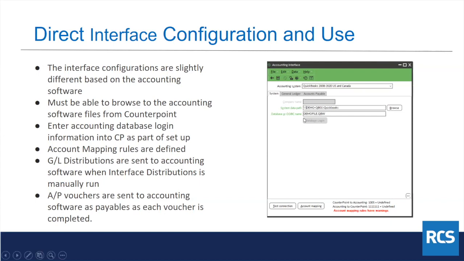In the direct interface, one of the things that's important is that in order to use it, you have to be able to browse to your accounting software files from Counterpoint. So they need to be on the same network.